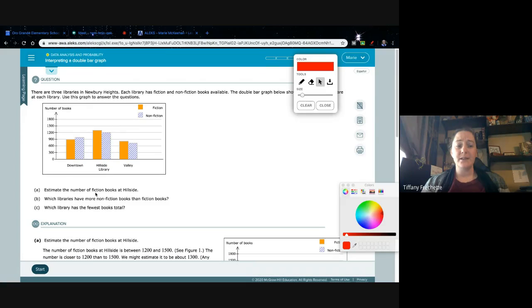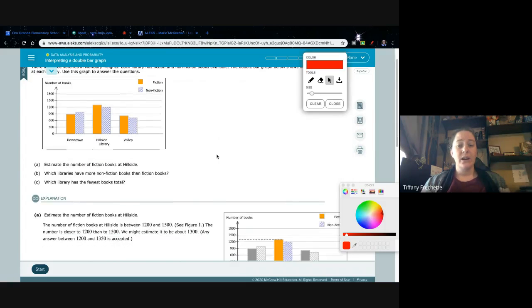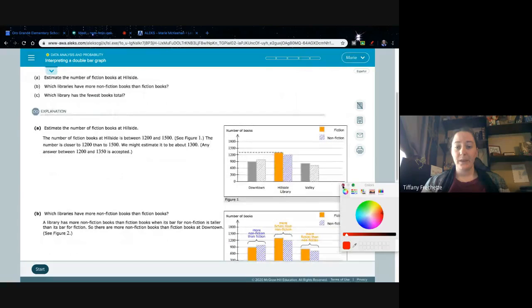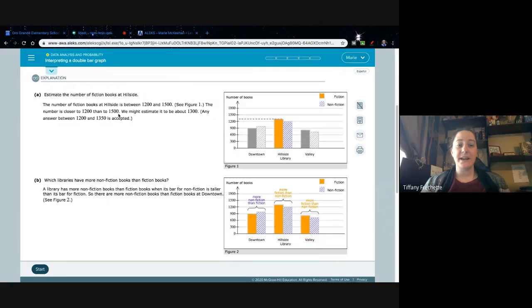It says, estimate the number of fiction books at Hillside. So if I scroll down here, and this pen tool is kind of messing up, I'm going to close it real quick. It says, estimate the number of fiction books at Hillside. The number of fiction books at Hillside is between 1,200 and 1,500. The number is closer to 1,200 than it is to 1,500.